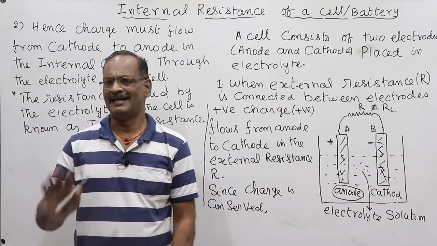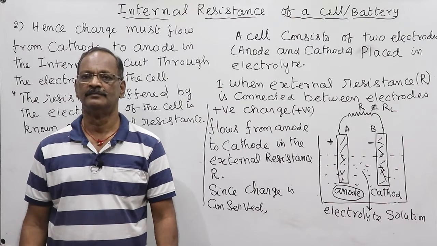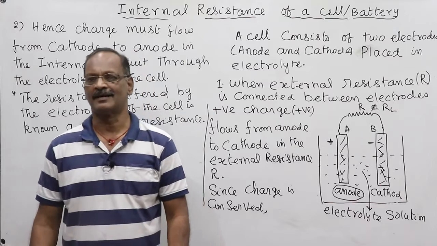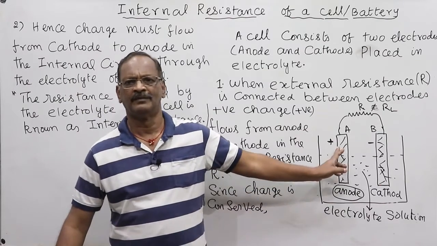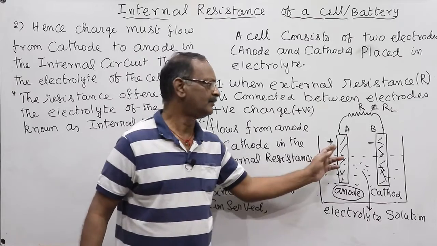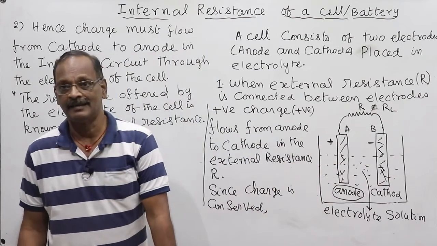Since an external resistor is connected between the electrodes, positive charge flows from anode to cathode through the external resistance.